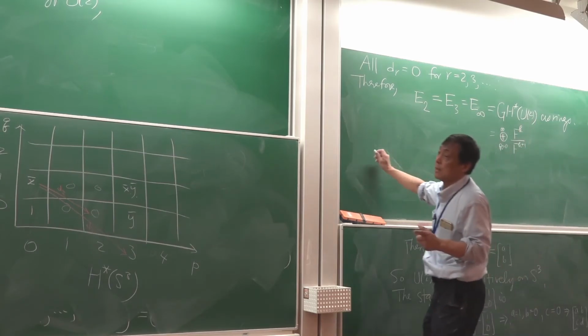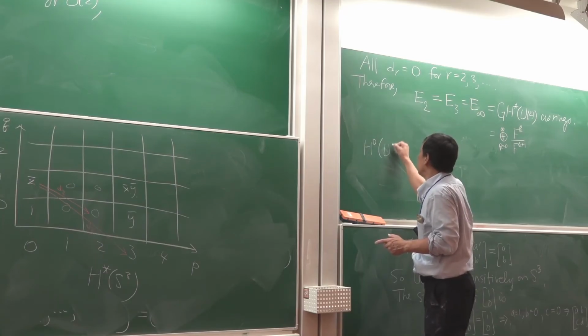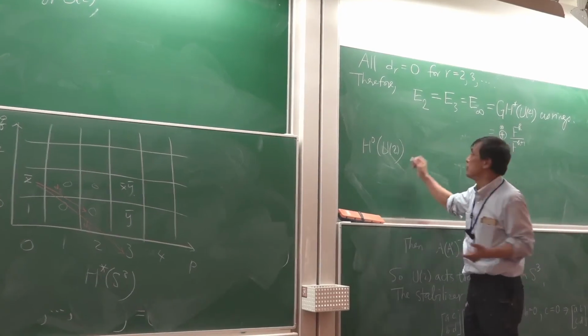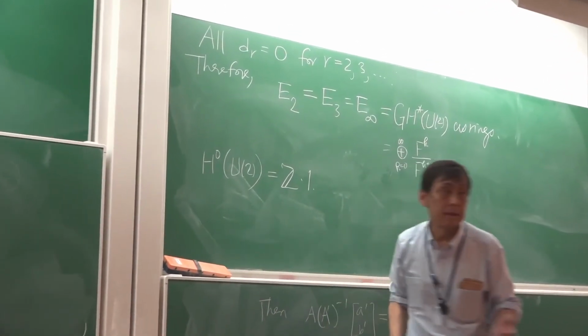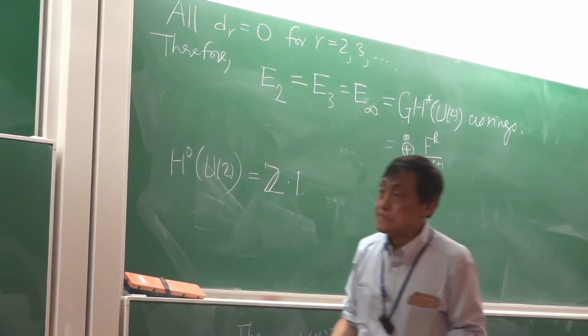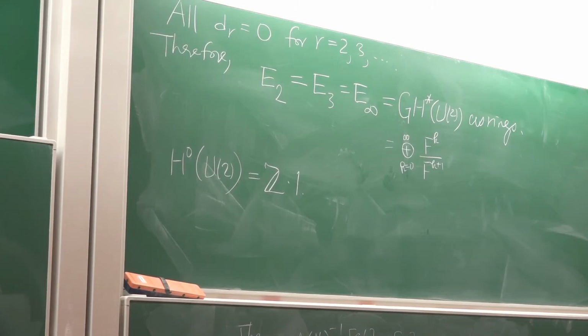So let's look at dimension 0. H0 of U2 is just Z, generated by 1. It's connected. I mean, if you have a 1 here, that means it's connected.